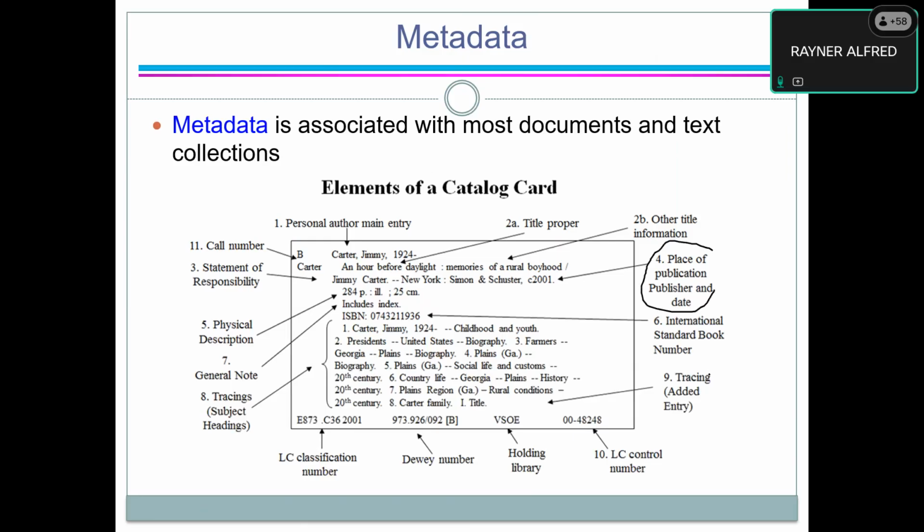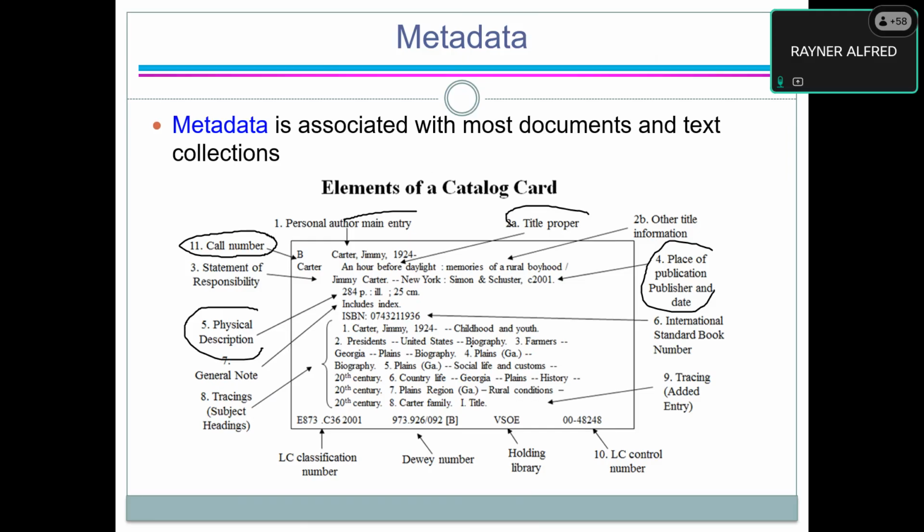We have the call number. So we normally use the call number to look starting from what alphabet, and then where is the location, who is the author, what is the title, and so on.